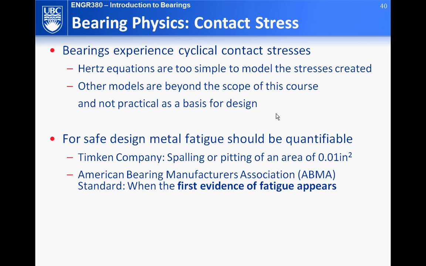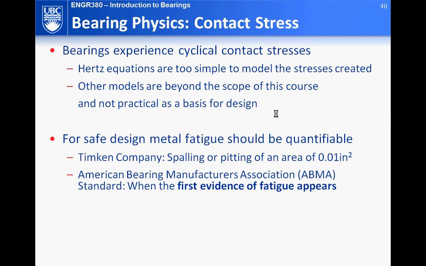Selecting a bearing means we have to do some calculation, then go to the catalog and pick the right bearing, right? So what do we calculate? The calculation is essentially based on the type of stress or loading the bearing is taking. Whether the bearing is a thrust bearing or under typical radial loading, it will be subjected to constant contact stress.